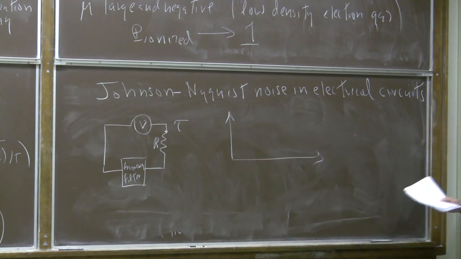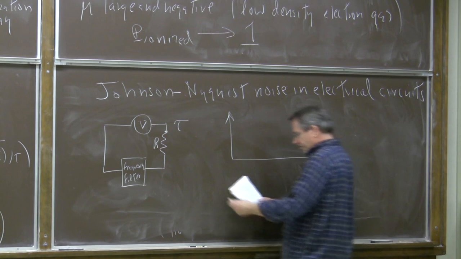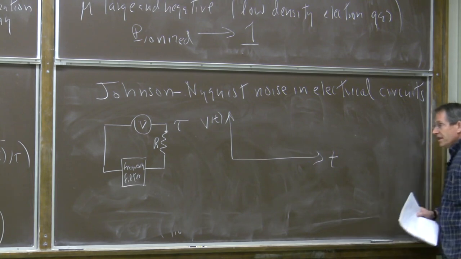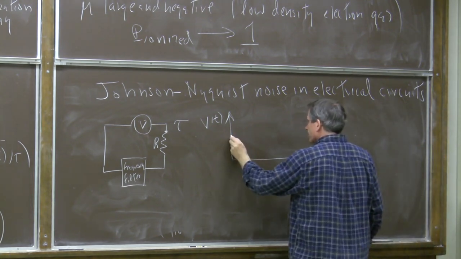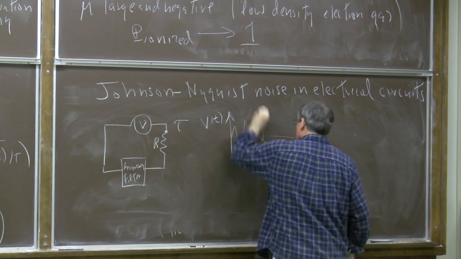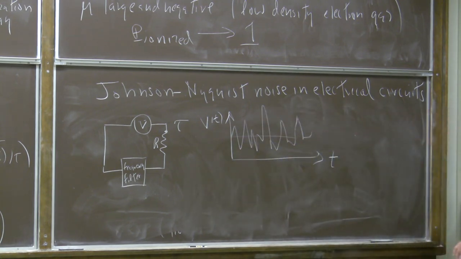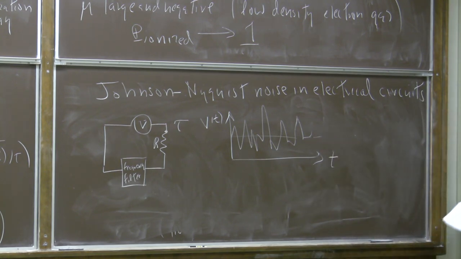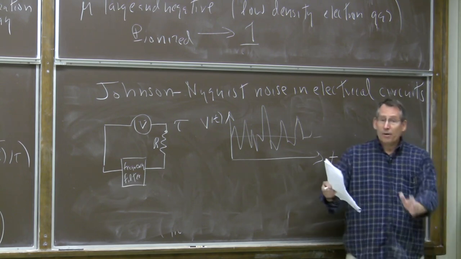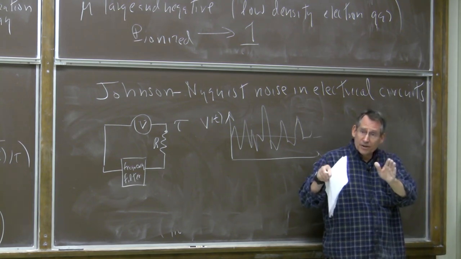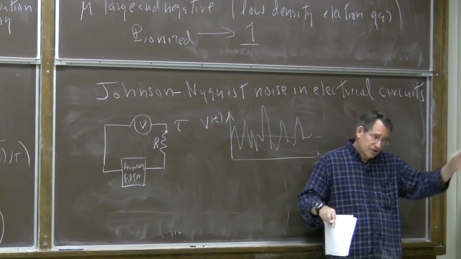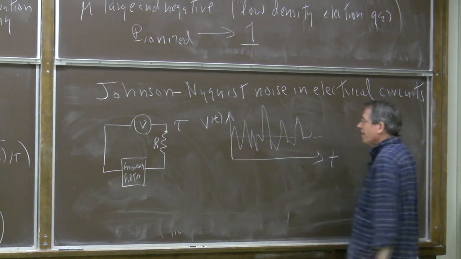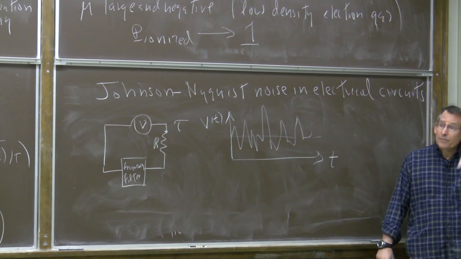Well, if we didn't worry about the frequency filter and we measured the voltage as a function of time, what we would see is that there are big fluctuations. And the voltage varies in a wild way, where the fluctuations have some characteristic size. And furthermore, from measurement to measurement, if we measure now and then measure again a second later and then again a minute later and so on, each time we take the trace for some finite amount of time, we see a different trace every time.